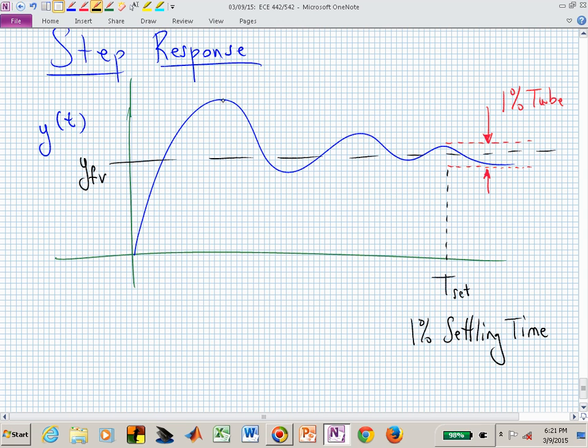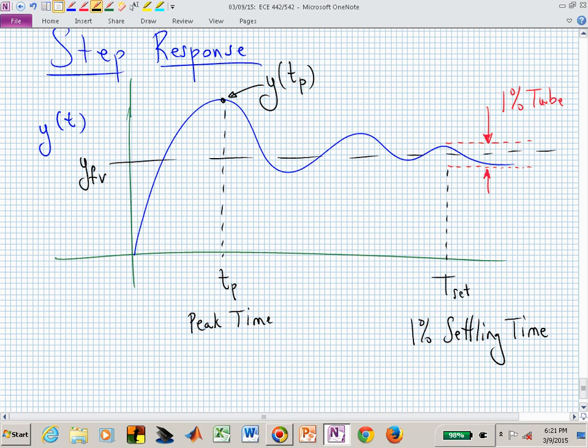We can also identify this point, which we will label as y of T sub p. This is our peak time, T sub p. What are we doing? We have a system. It's a second order system, and we now hit it with a step input.